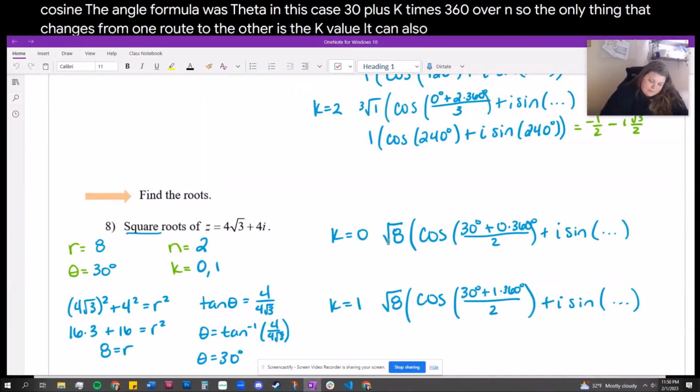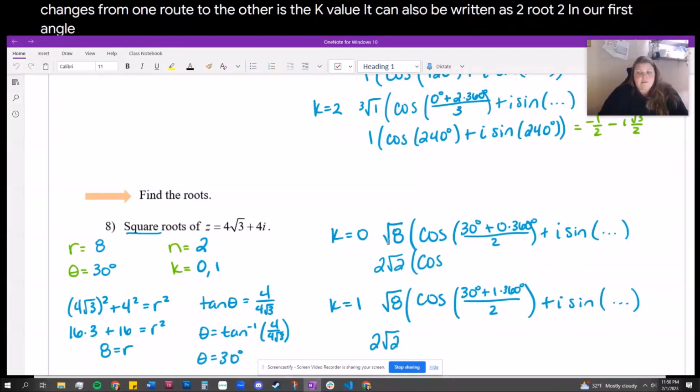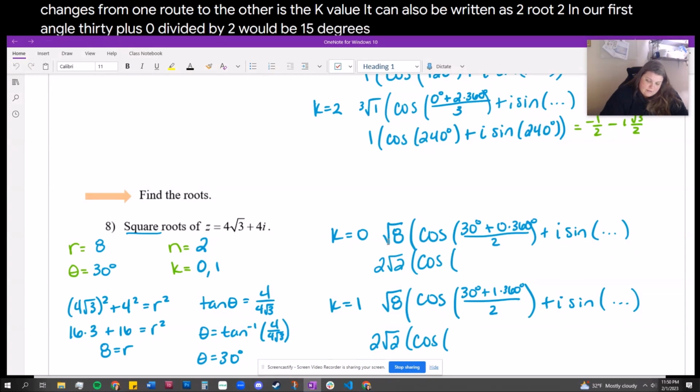Root 8 can also be written as 2 root 2. In our first angle, 30 plus 0 divided by 2 would be 15 degrees. So that root is done.